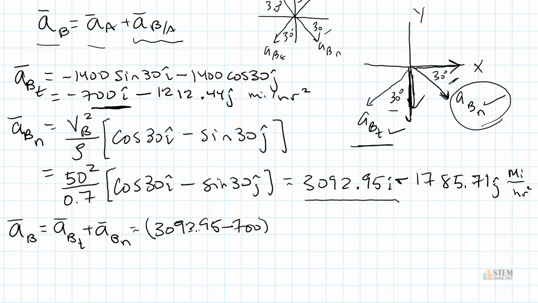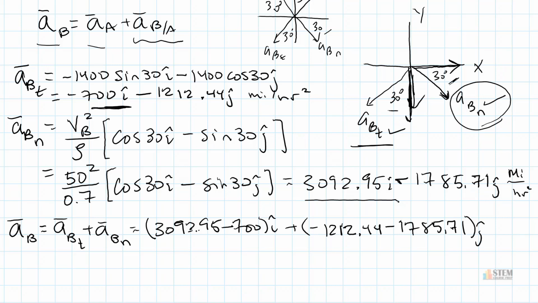All right, so then we do that. We'll subtract that 700. It's going to be our I component, and then we do the same thing for the J components. I'm going to have the negative 1212.44 minus the 1785.71.